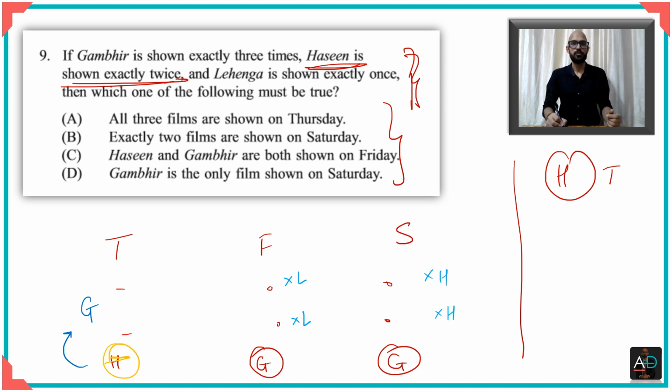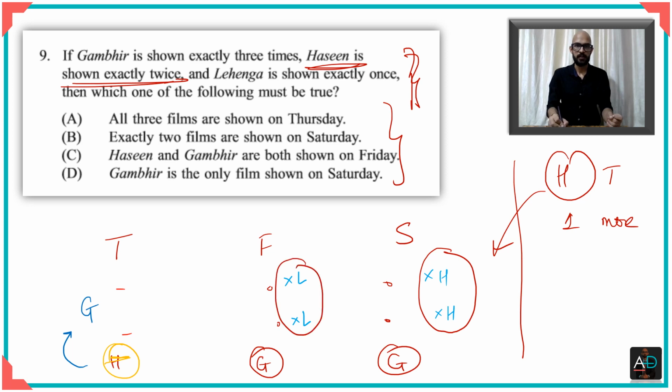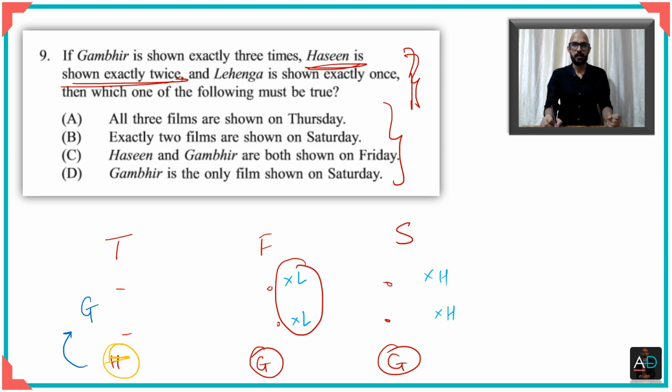Apart from that, it has to be shown once more. Now, that once more of Haseen cannot happen on Saturday because on Saturday you cannot have Haseen, which means Haseen will have to be shown on Friday.